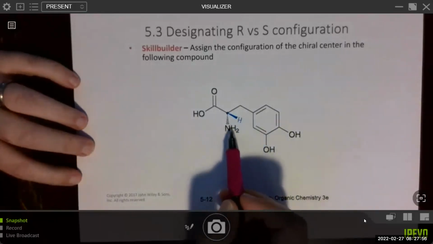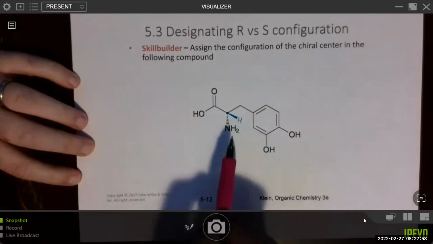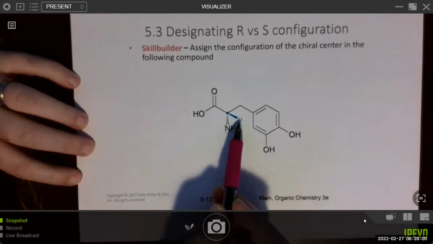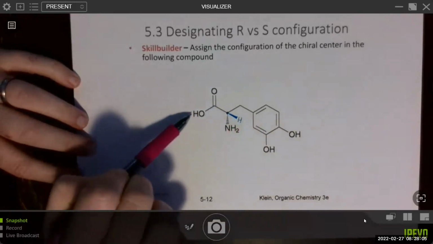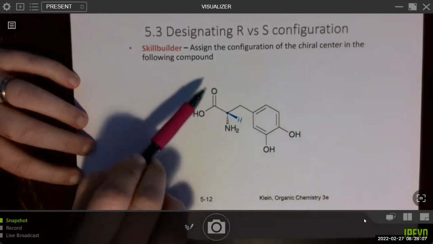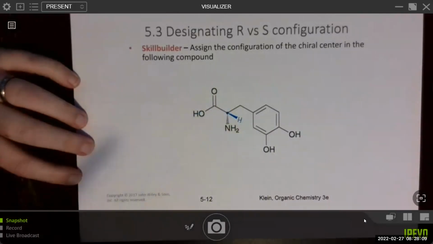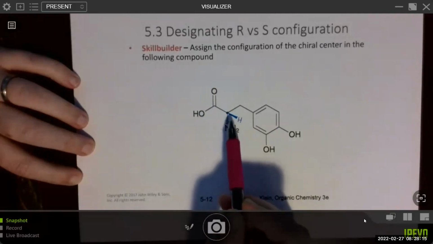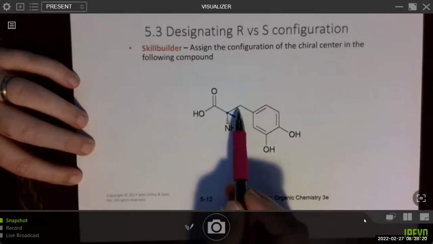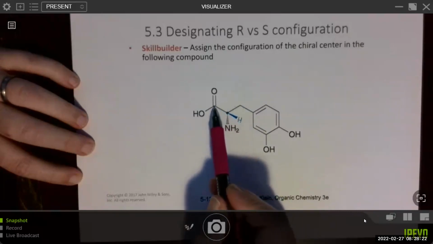So nitrogen has the highest atomic number because it's nitrogen, hydrogen, carbon, carbon, right? Some people might get really distracted by how many oxygens are over here. But remember, we analyze one layer at a time, meaning we first look at exactly what's attached to this carbon. And exactly what's attached is nitrogen, hydrogen, carbon, carbon.